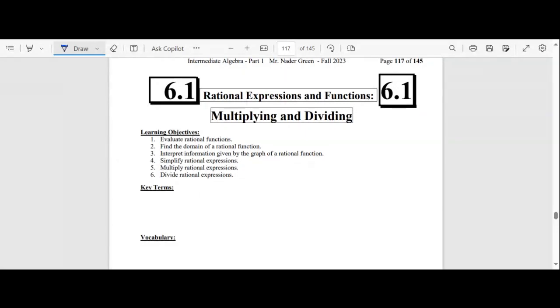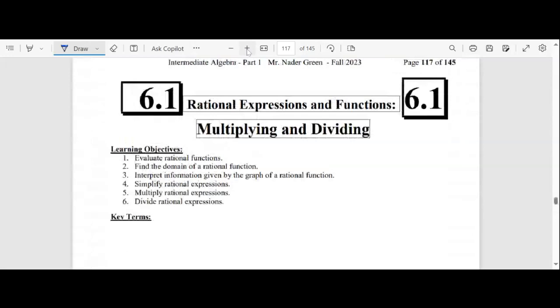Okay, now we start with chapter 6, 6.1, rational expressions and functions: multiplying and dividing. Let's take a look at the objectives. Number 1, evaluate the rational function. Number 2, find the domain of the rational functions.